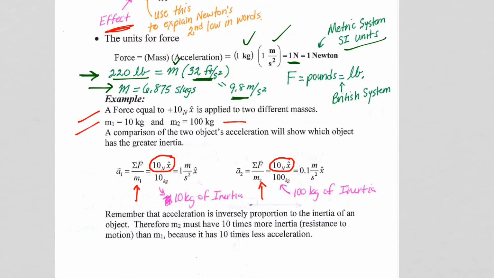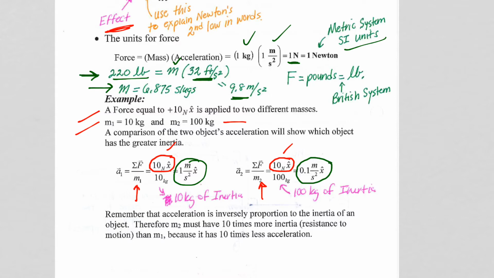So the inertia property of matter is saying that the effect we see from an identical cause, 10 newtons, will give us an acceleration of 1 meter per second squared on this 10 kilogram mass. And look at this effect. So now inertia has really kicked in.